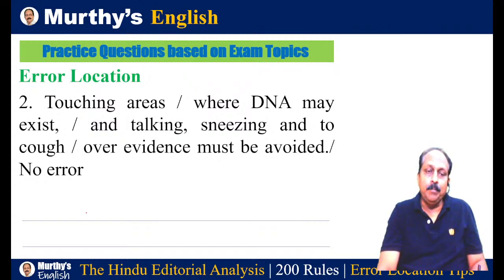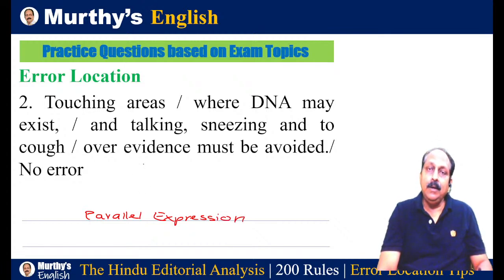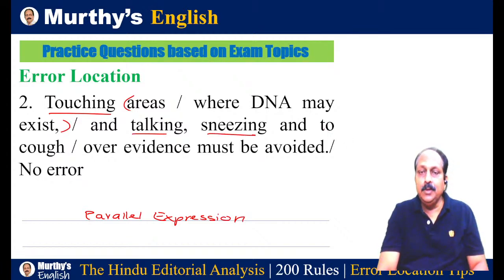Here, this question is based on parallel expression. What is it based on? Parallel expression. Touching, verb ing form. Areas where DNA may exist, not that important. Touching, talking, sneezing, and here you cannot use a verb in the basic form with to.